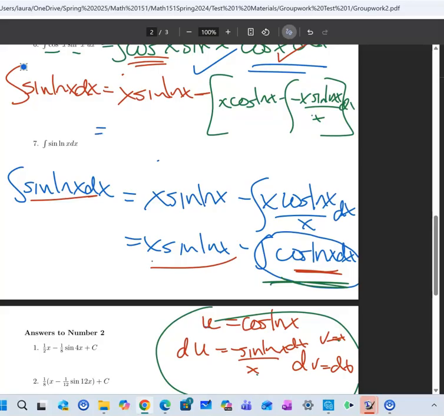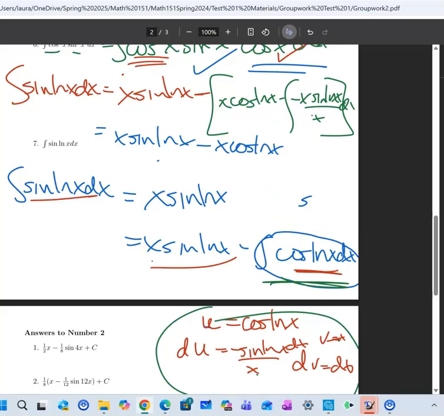So let me just write out x sine ln of x minus x cosine ln of x. Erase this so we can see what we've got here. So when I cancel these two x's, and then I see I've got a negative and a negative and a negative. That makes a negative sine ln of x dx.